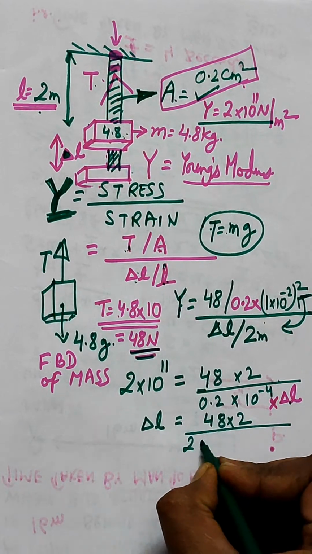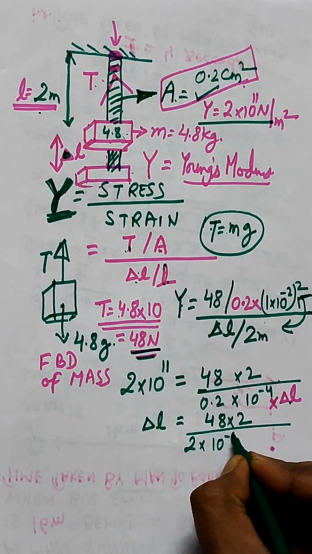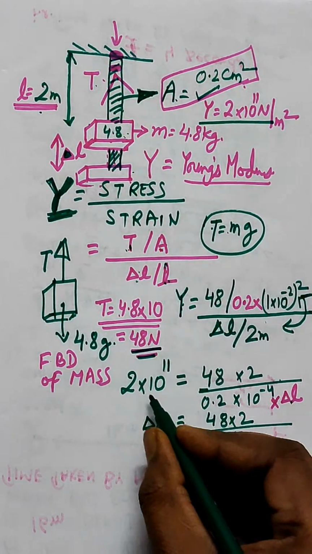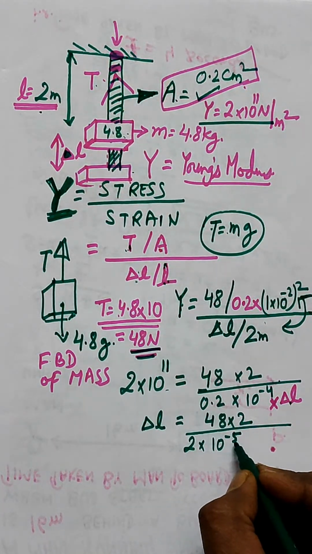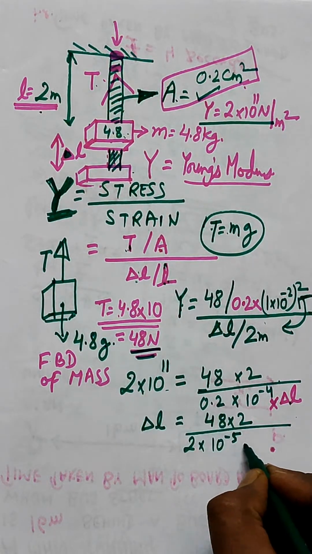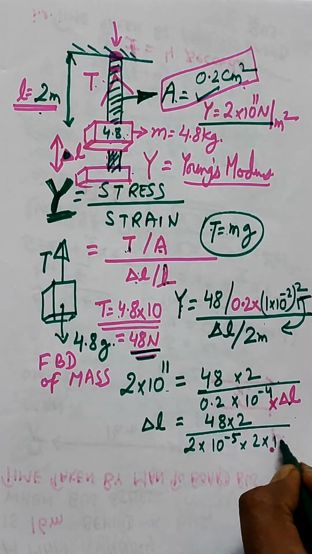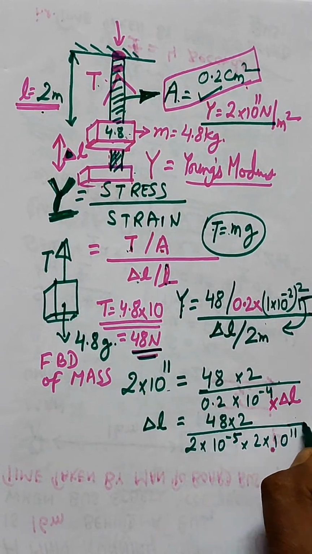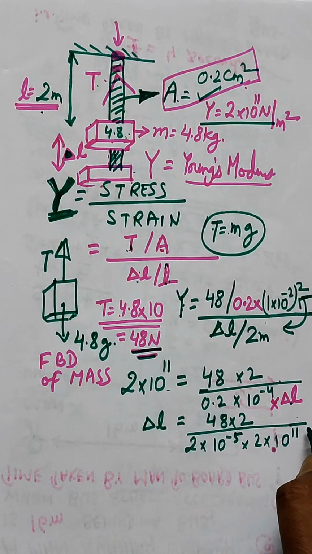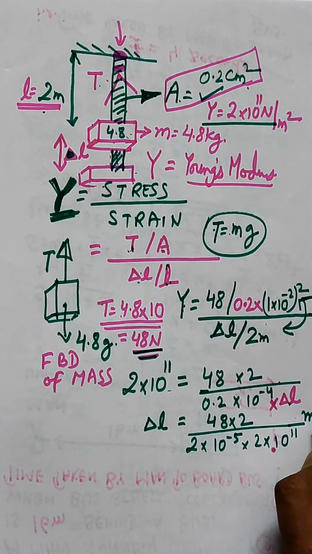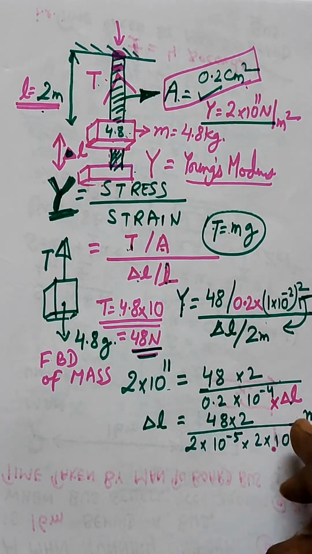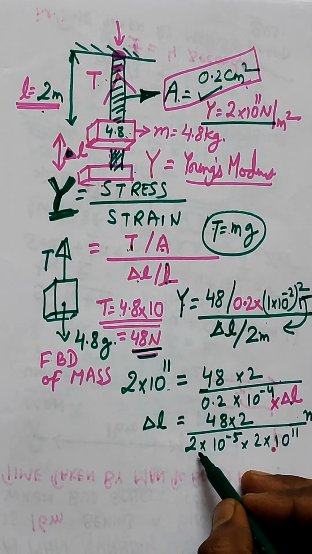Right? So 2 into 10 power minus 5. And this 2 into 10 power 11 is coming into the denominator. So Young's modulus value 2 into 10 power 11 is coming over here. So delta L is this elongation in meter. Mind it, this is in meter, right? Now do this simple calculation.